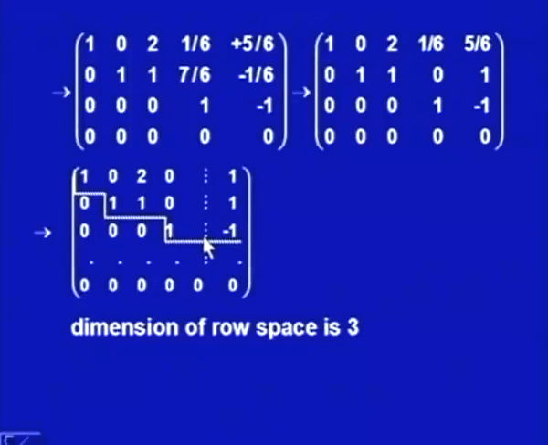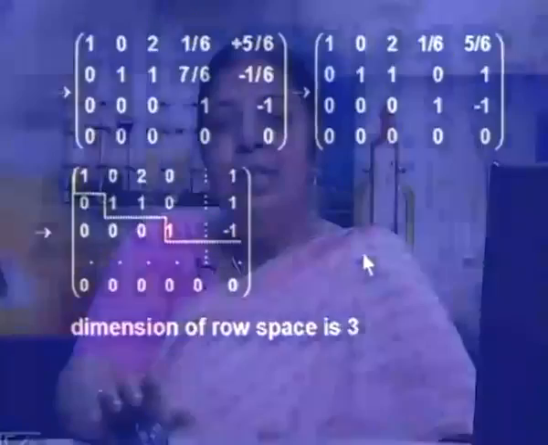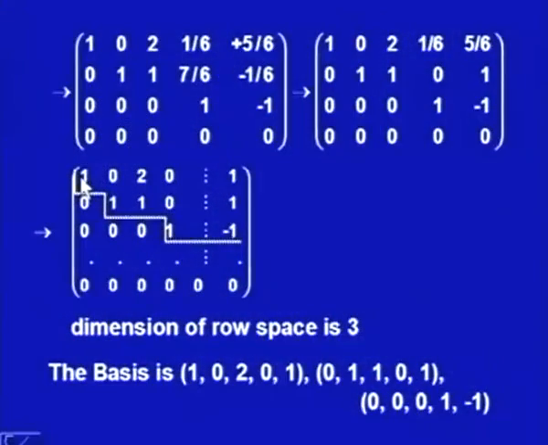From here one can notice that there are 3 rows which are non-zero. So, the dimension of the row space is 3, not 4, but what are the basis vectors that are to be obtained? Now, the first vector has 1 here.